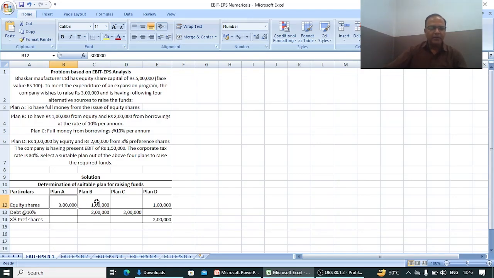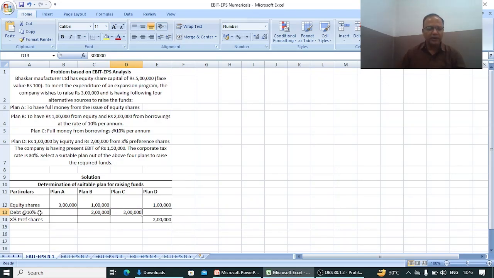In plan B, you had an option to collect rupees 1 lakh by equity and rupees 2 lakh by debt, so I am adding 2 lakh in front of debt. In plan C, you had to collect rupees 3 lakh by debt at the rate of 10%, so I am adding rupees 3 lakh in front of debt.